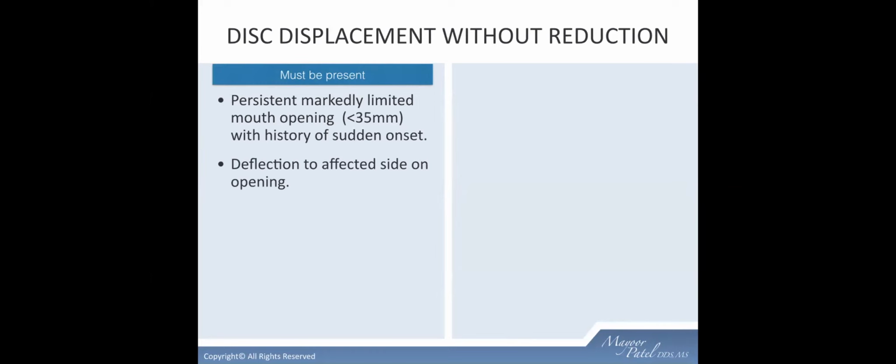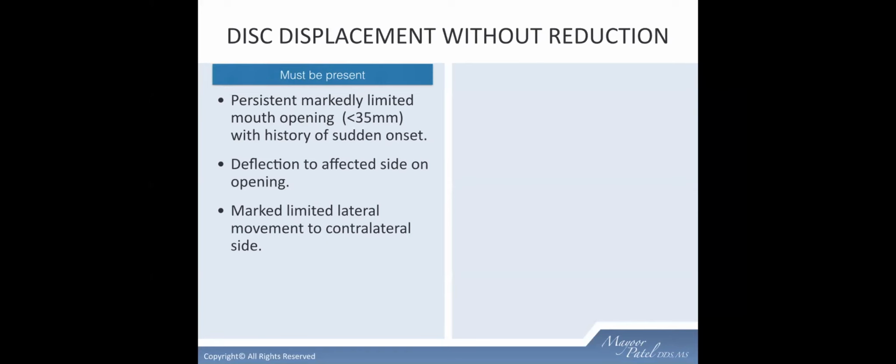There's always going to be deflection to the affected side on opening, as described in the video, where the jaw or the chin point goes to one side, whether it's the left or the right. There will definitely be marked limited lateral movement to the contralateral side. So if we picture this, if my left disc is slipped forward, when I open, I'm going to deflect to the left. When I do my right lateral excursion, I'm going to be limited.